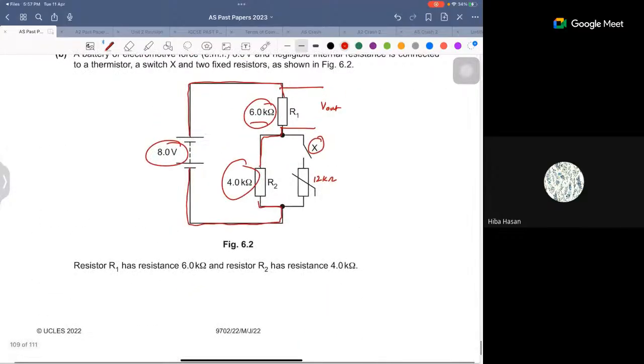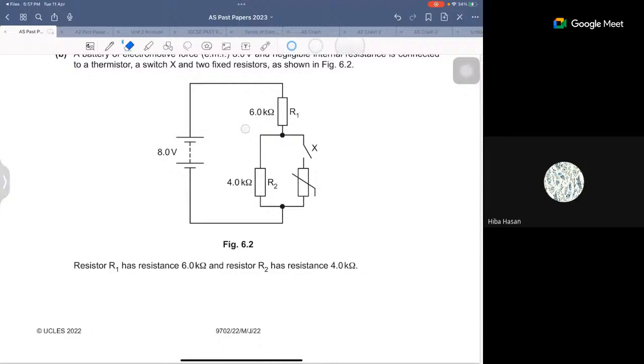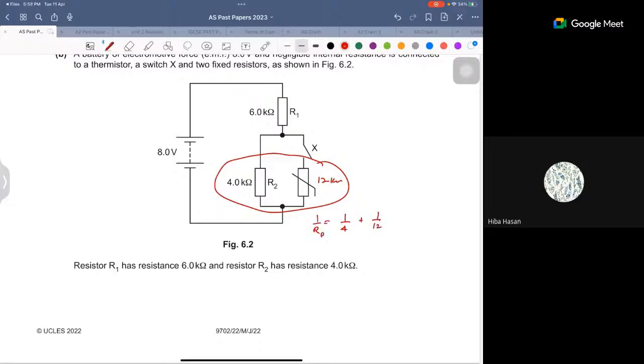Now first of all, we want to find the total current. So how do we do this? It's very simple. You add both of them to find the total resistance here. So 1 upon 4 plus 1 upon 12 equals 1 upon R in parallel.